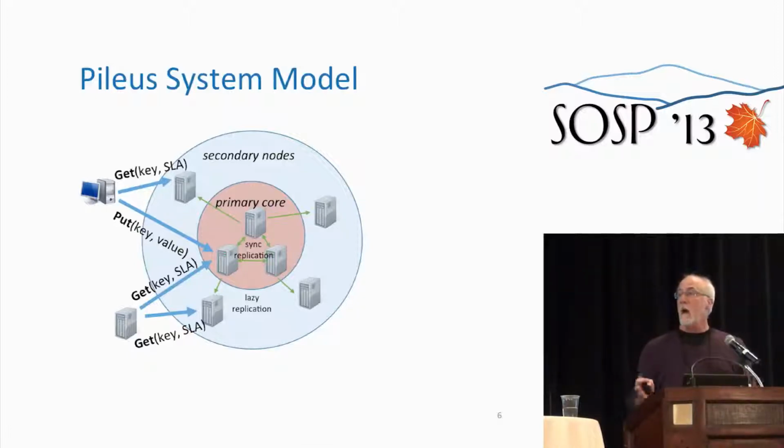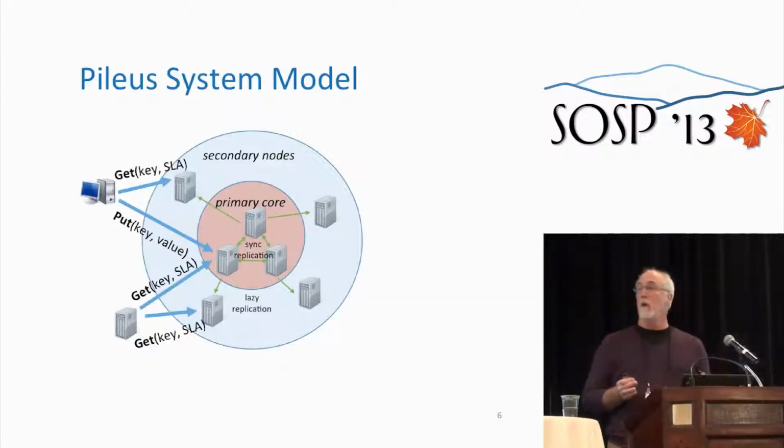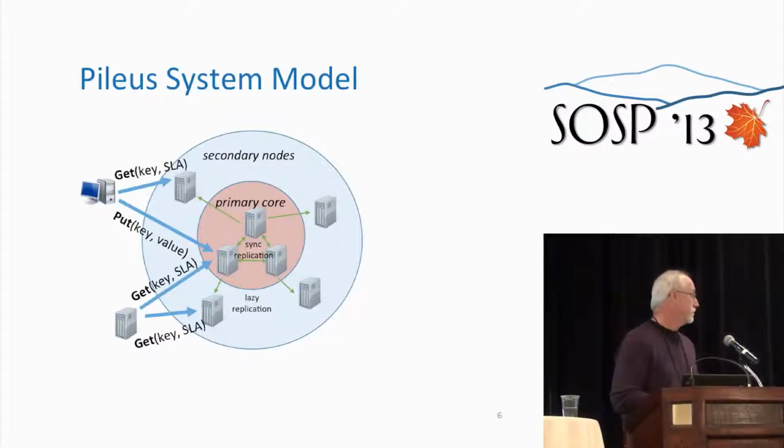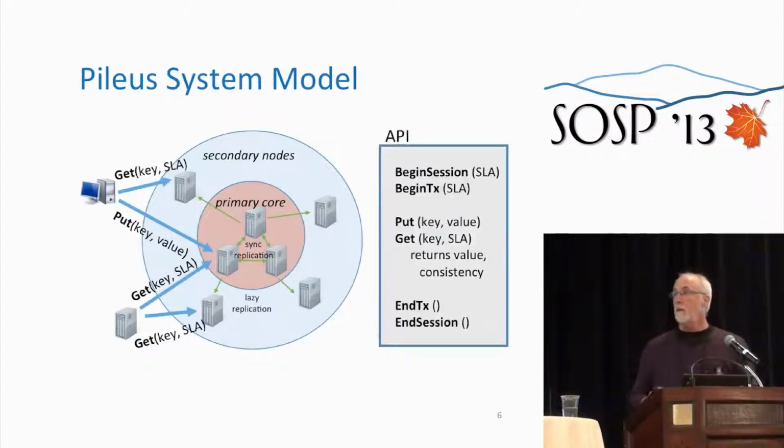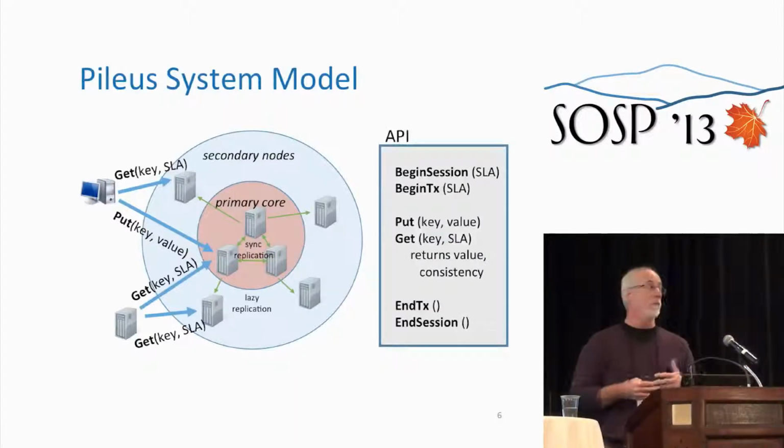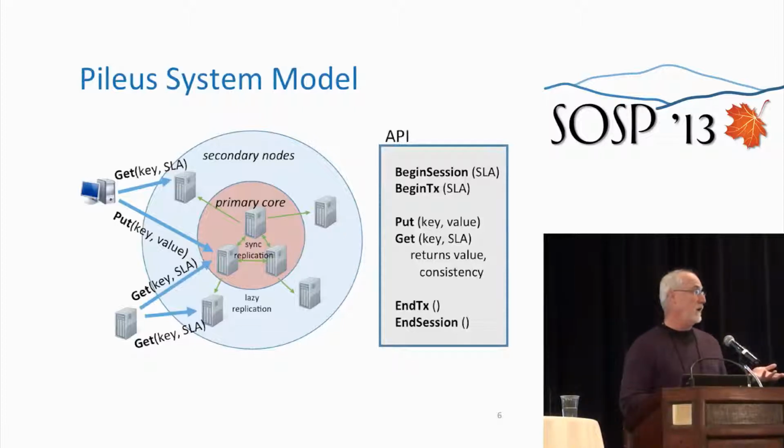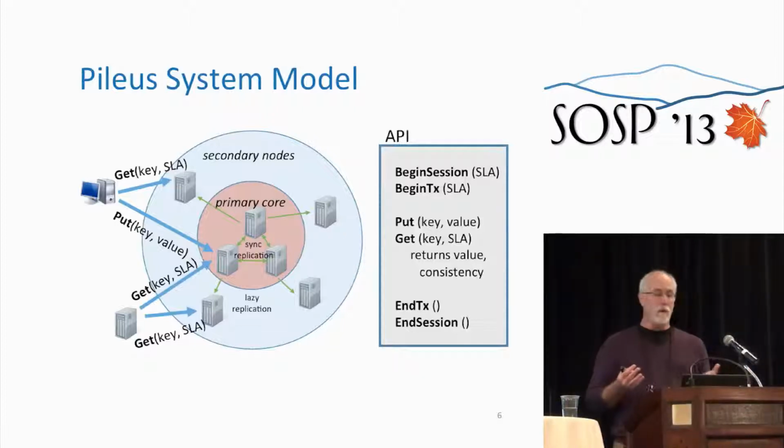So this system model mimics the architecture of many large cloud systems that exist today, including Windows Azure. But all of this detail is hidden from application developers by an API and a client library. In this API, application developers perform GET and PUT operations, which are nested inside transactions, which are nested inside sessions.